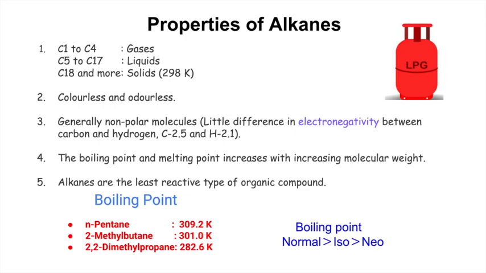So less energy is required to overcome those intermolecular forces, and the boiling point automatically decreases. I repeat, as the branching increases, surface area decreases, which weakens the intermolecular forces, so the boiling point also decreases.